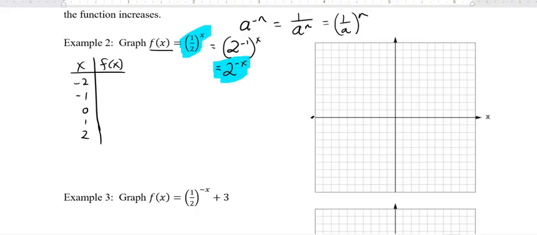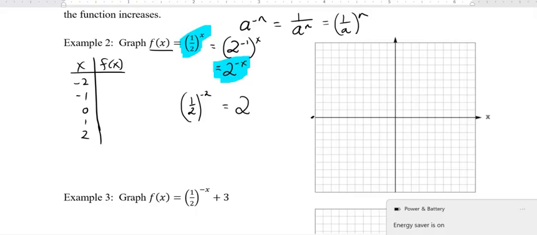So if I plug in -2, what's 1/2 to the -2? Well, that should be the same as, you don't have to do both of these, 2 to the -2. These are the same. A negative exponent means reciprocate, so that's 2 to the second, and these would cancel out, and that's also 2 to the second.